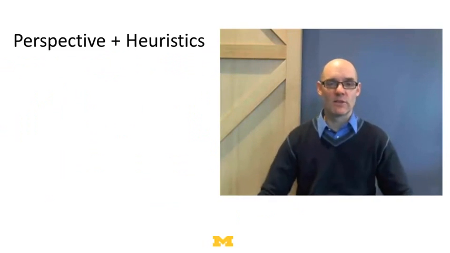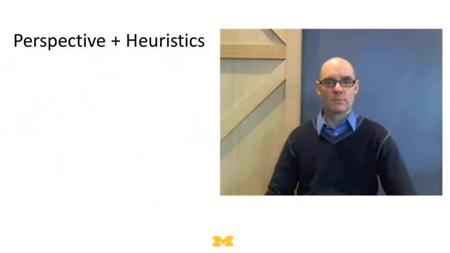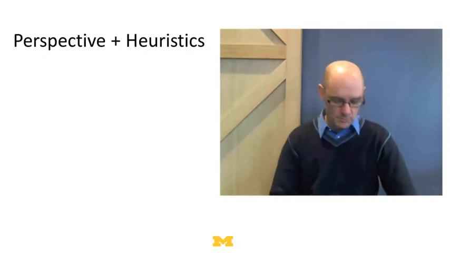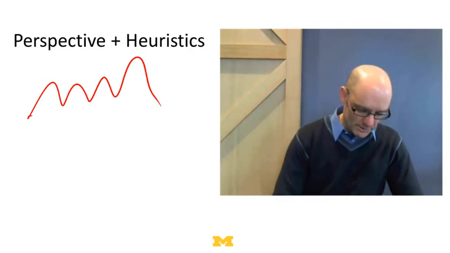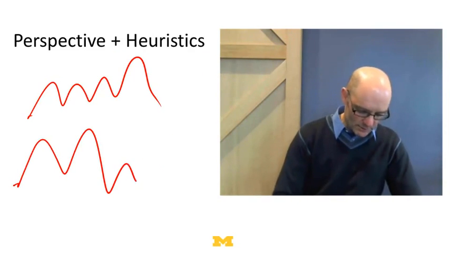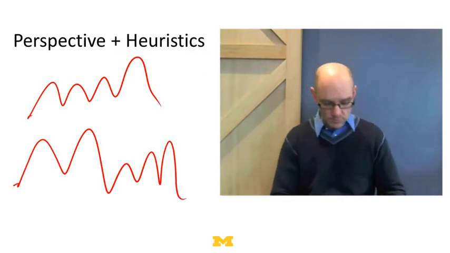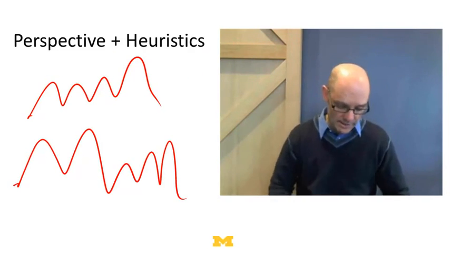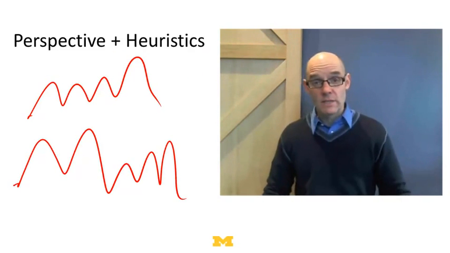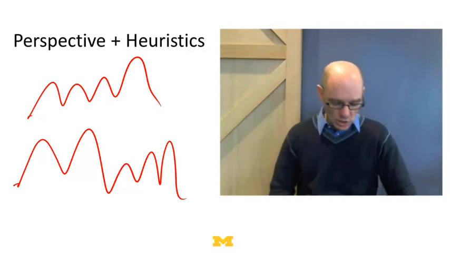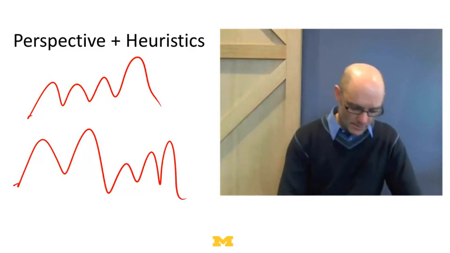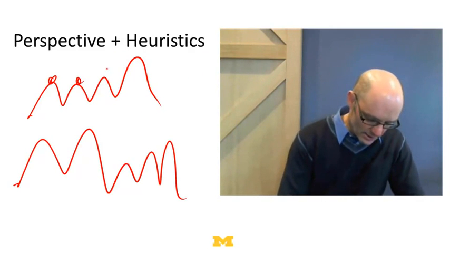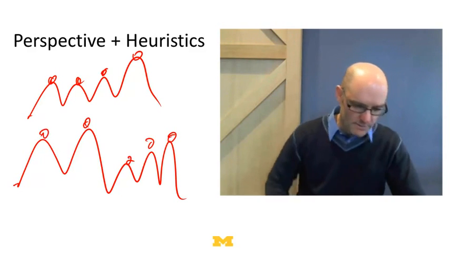So let's combine all this for a second. What were perspectives? Perspectives were ways of representing the problem. So one person might have a perspective that looks like this, another person might have a perspective that makes the same set of solutions look like that. What is a heuristic? A heuristic is how we search. So one person might hill climb, and so that person would get stuck at these points in these 2 landscapes.